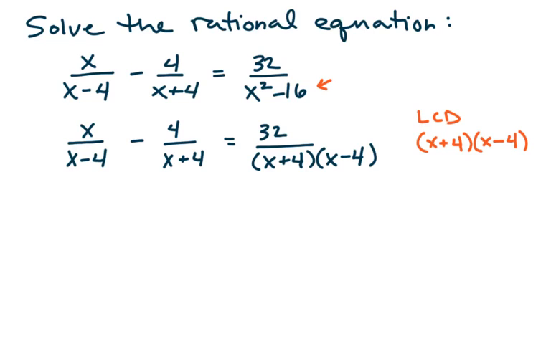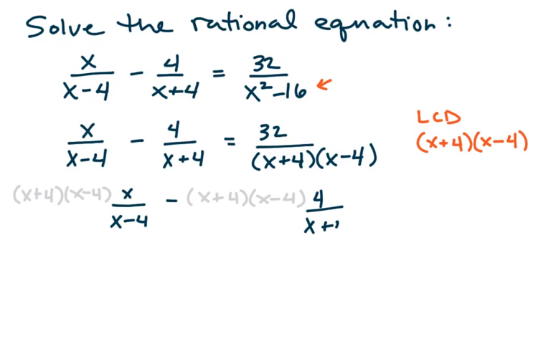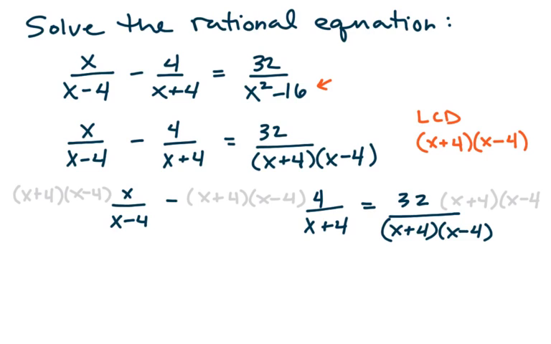So after we've factored and found our LCD, we're going to multiply everything by the LCD to clear the fractions. So in this case, I have x plus 4, x minus 4, times x over x minus 4, minus x plus 4, x minus 4, times 4 over x plus 4, equals 32 over x plus 4, x minus 4 multiplied by x plus 4, x minus 4.